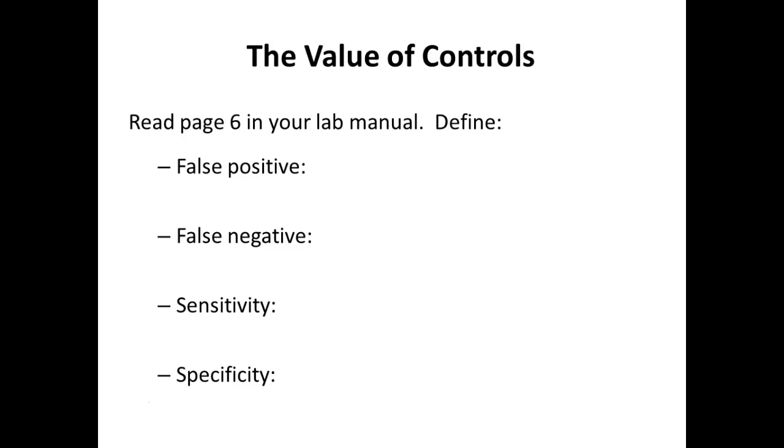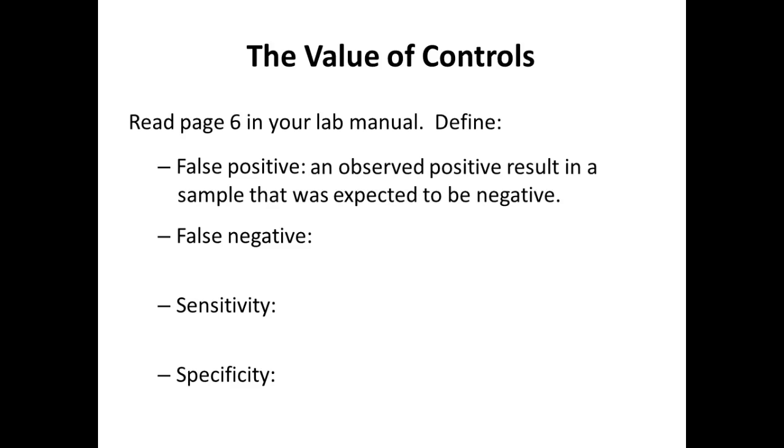So, false positive. What does that mean? That means that you're dealing with probably a control that you know should come out positive, but in fact it came out negative, right? So where the observed positive result is not there, instead you're getting a negative result.